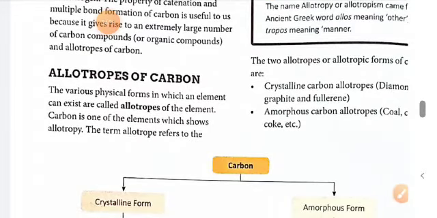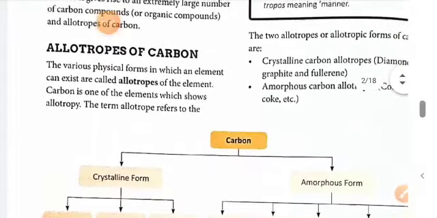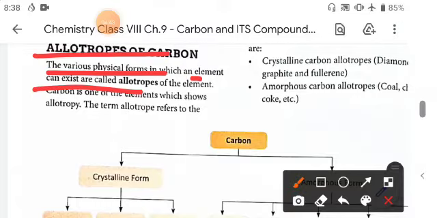So the next heading is allotropes of carbon. What are allotropes? The various physical forms in which an element can exist are called allotropes.